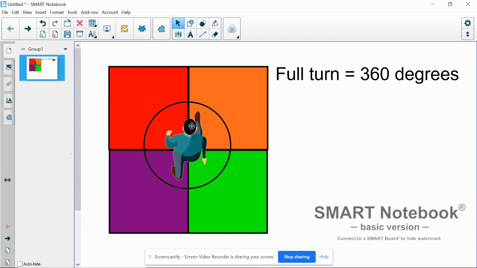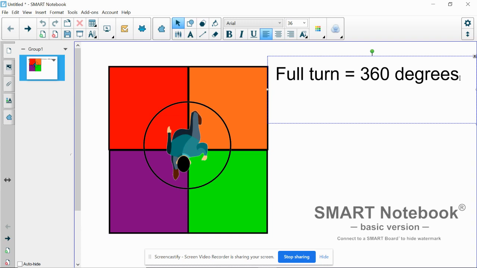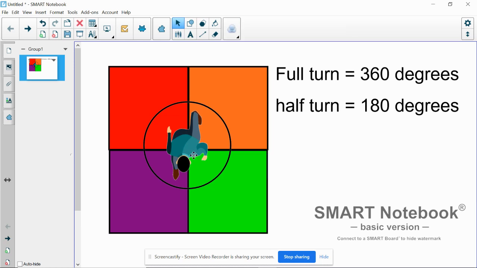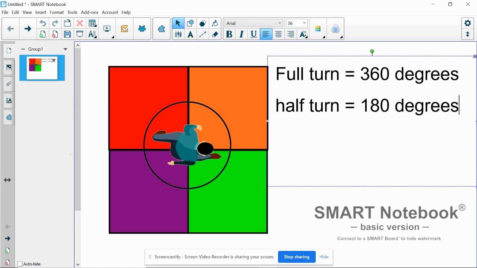That would mean that a half turn would be how many degrees? 180 degrees, which means a quarter of a turn from here to here would be 90 degrees.